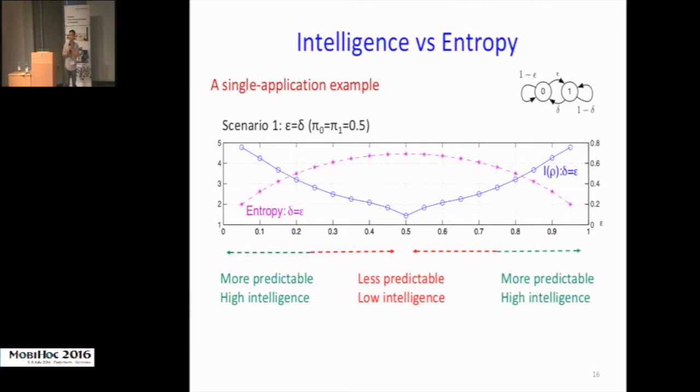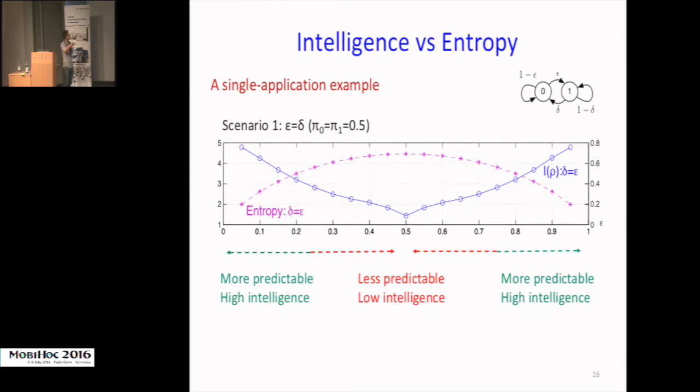All right, so this is a figure I want to show you, and I think it's pretty easy to memorize. We fixed a Markov chain to be a symmetric Markov chain, and we let epsilon equal to delta. In this case, the steady state distribution is the same. It's half and half.